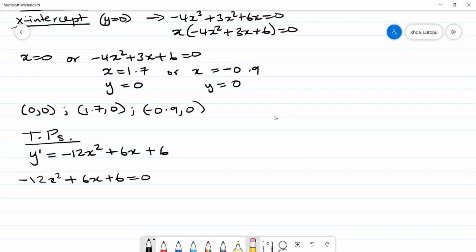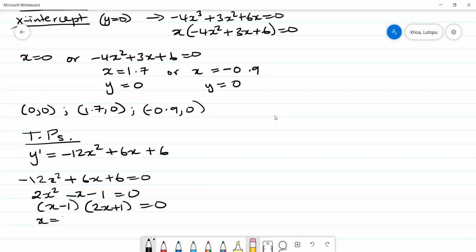So we say minus 12x squared plus 6x plus 6 is equal to 0. You can divide everything by negative 6. 2x squared minus x minus 1 is equal to 0. This leaves us with x minus 1, 2x plus 1 is equal to 0.